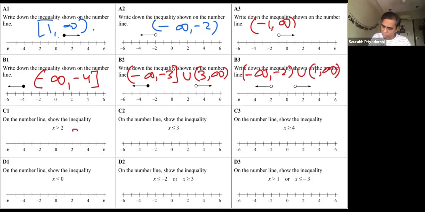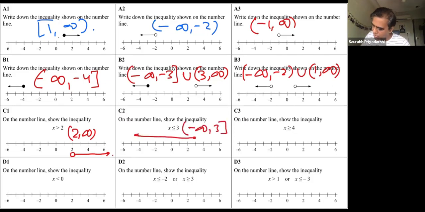Minus infinity to minus 2, union 1 to infinity, right? X greater than 2, so 2 to infinity, right? X less than minus 3, so here you can say also this, right? X less than or equal to 3, so there is 3, minus infinity to 3, right? Greater than or equal to 4, closed with the 4. 4 to infinity, 4 closed, infinity open.